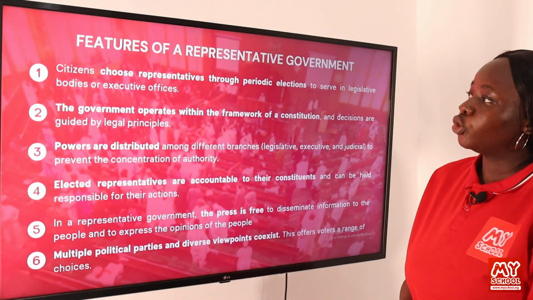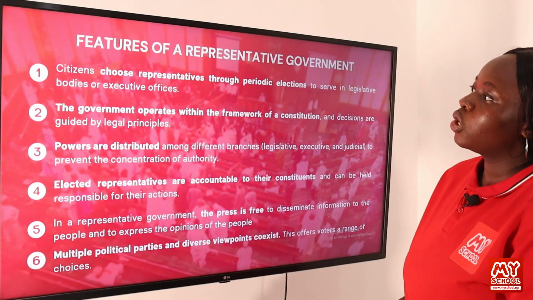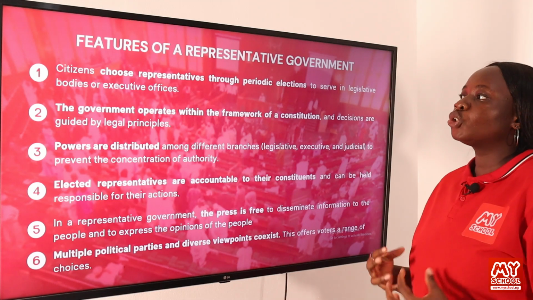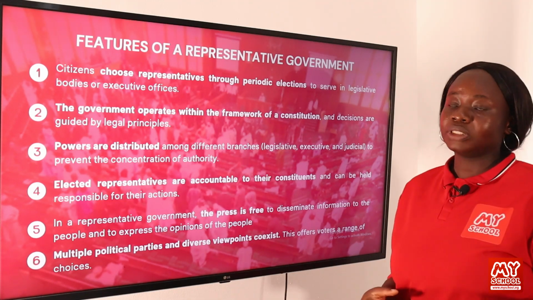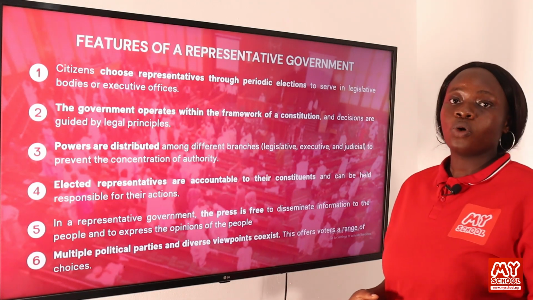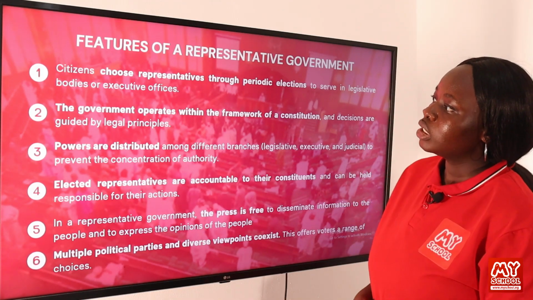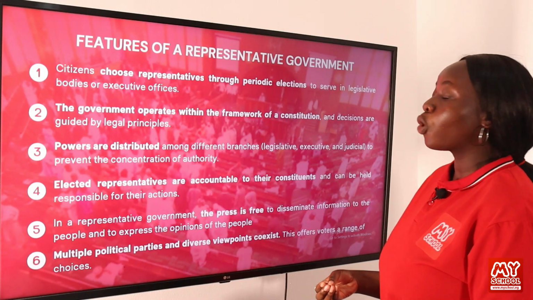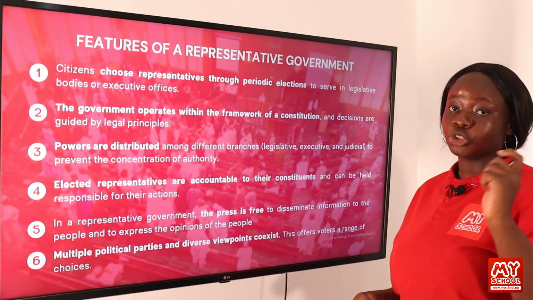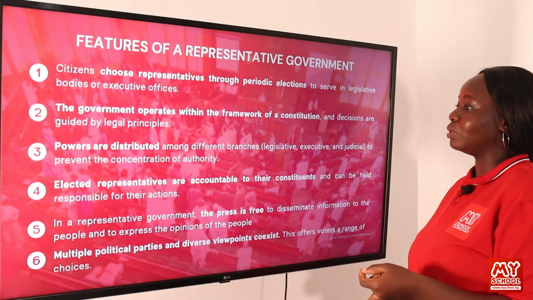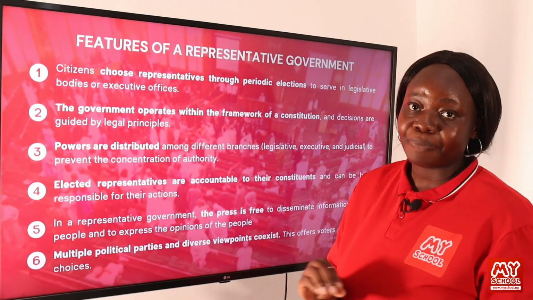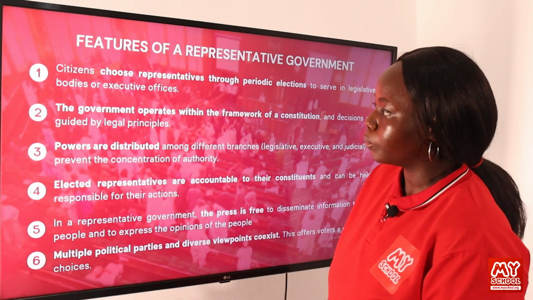So what are the features of representative government? One of the features is that citizens choose representatives through periodic elections. They vote for their representatives through elections. The government also operates within the framework of a constitution. The constitution is supreme in a representative government, and decisions are guided by the constitution, by legal principles.